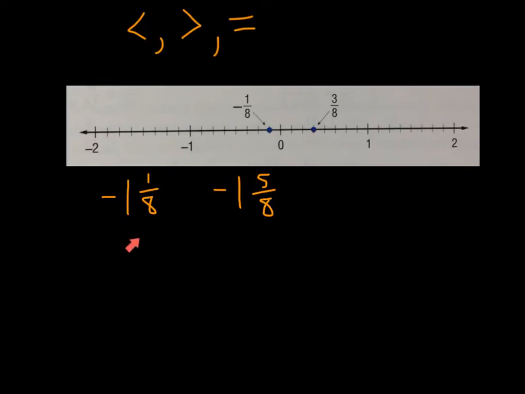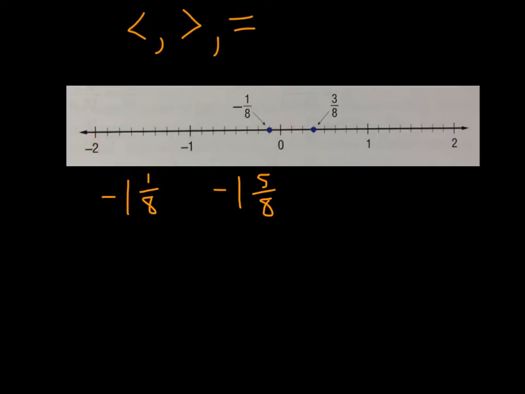If I'm asked to compare two numbers like I am here, I have negative 1 and 1/8 and negative 1 and 5/8. Now I can use this number line to help me with that. So I know that these two numbers are going to be between negative 1 and negative 2. When I look here, we can see that this is split up into 8 equal parts. Here's 1, 2, 3, 4, 5, 6, 7, 8.